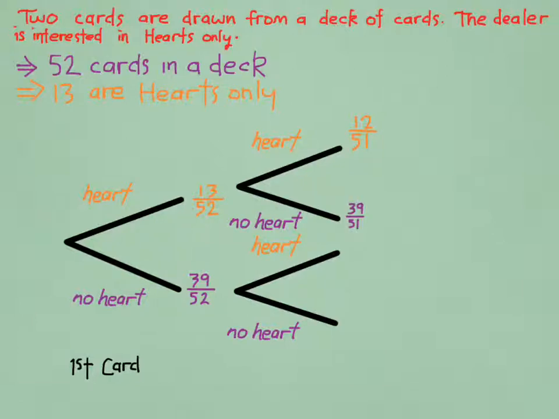Now if we look at this probability, 39 out of 51, when we draw the second card, there are still 39 cards which are not hearts that are left in the deck. Because remember, the first card was a heart. But we have 51 cards, because 1 has been removed. So we're looking at 39 out of 51.